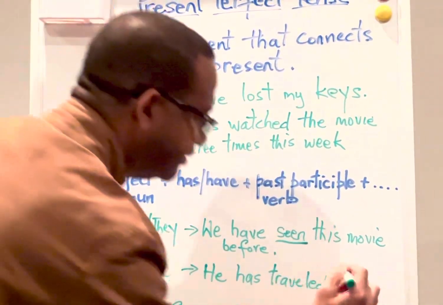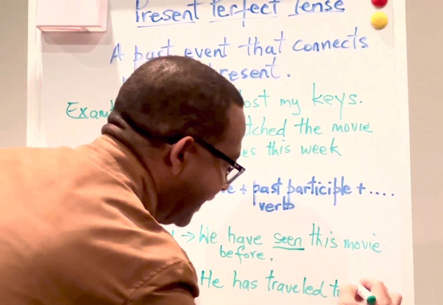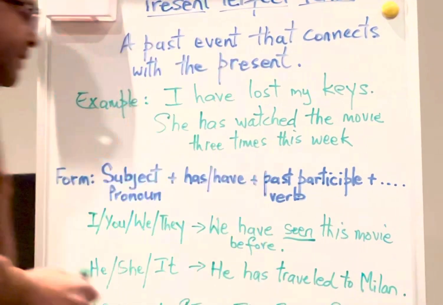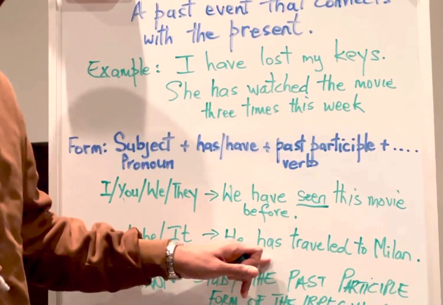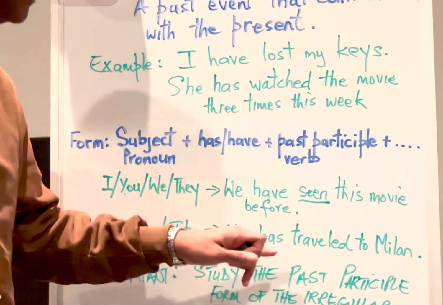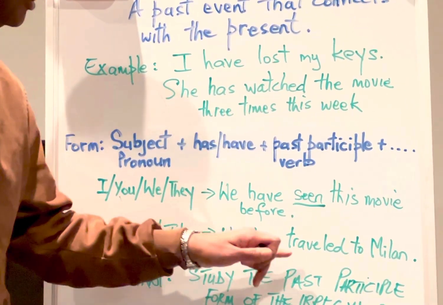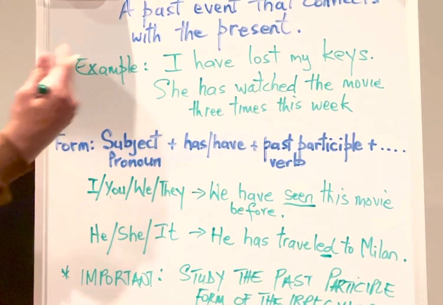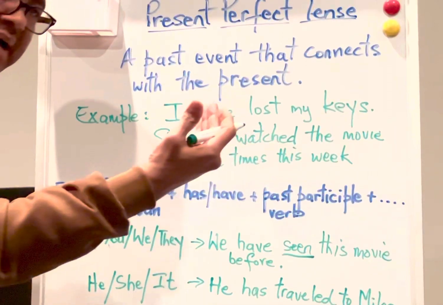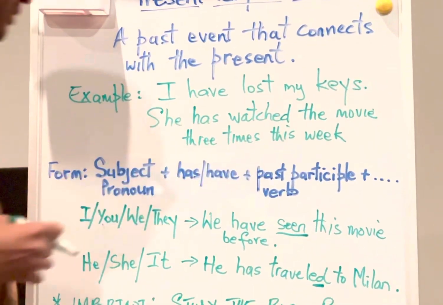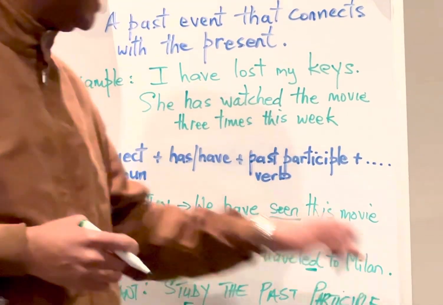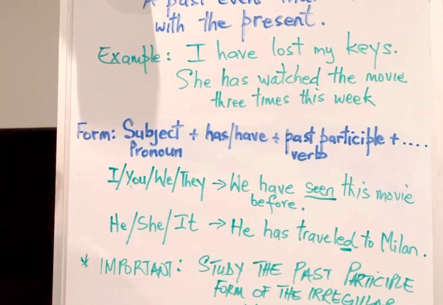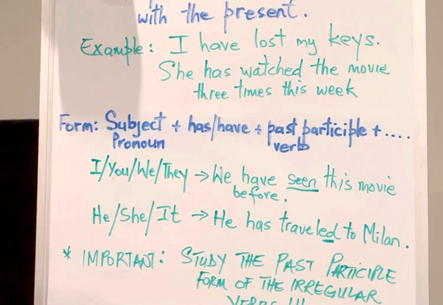He has traveled to Milan. Milan, Italy. He has, not he have, he has traveled, ed verb, easy. Past tense traveled, past participle also traveled. So he has traveled to Milan. And this is how you speak in the present perfect.